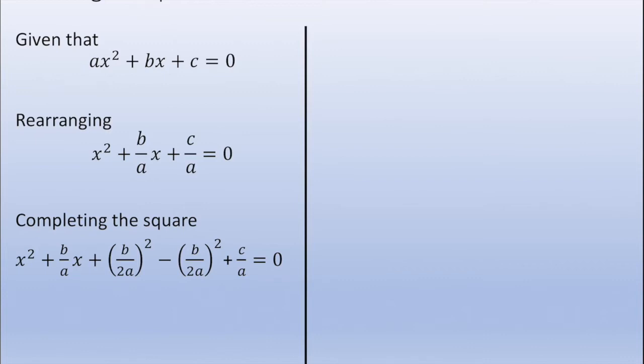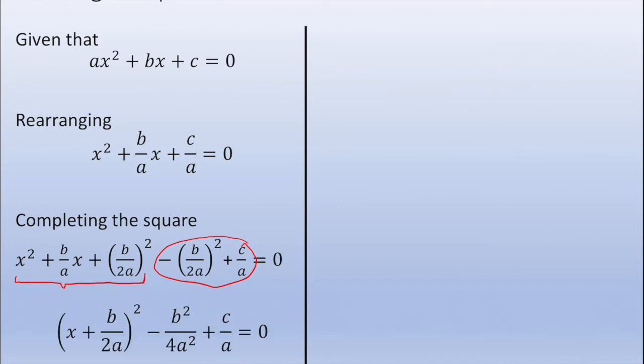Therefore, we have this equation here. Now, we know that this is a constant, and we can factorize this into a perfect square, which means the perfect square is this, and this expanded is minus b squared over 4a squared.